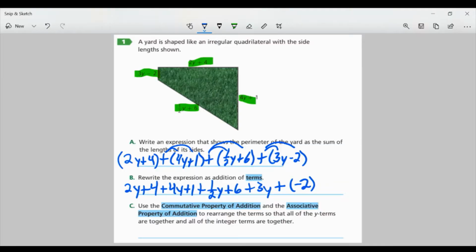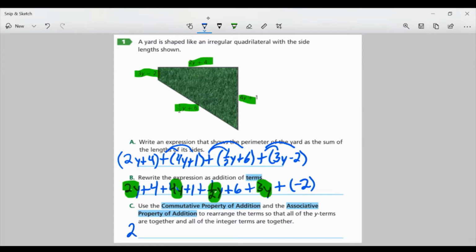Part C. Use the commutative property of addition and the associative property of addition to rearrange the terms so that all of the y terms are together and all of the integer terms are together. So I want to get my y terms and put those together.